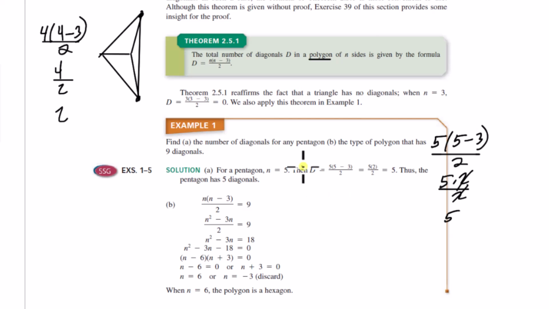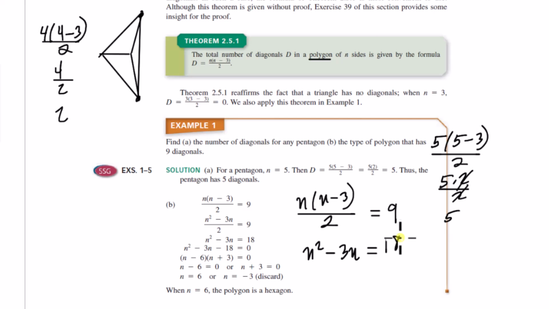We first found the number of diagonals for any pentagon. Now we want to figure out what type of polygon has 9 diagonals. So we solve for n. Cross multiplying, you get n times (n minus 3) equal to 18. So n squared minus 3n equals 18.